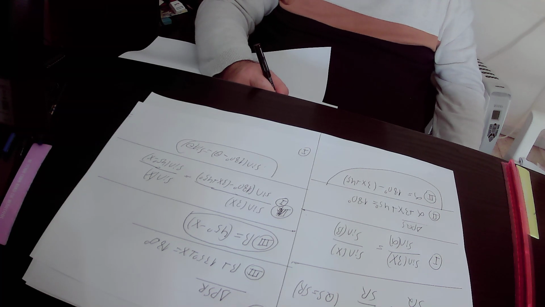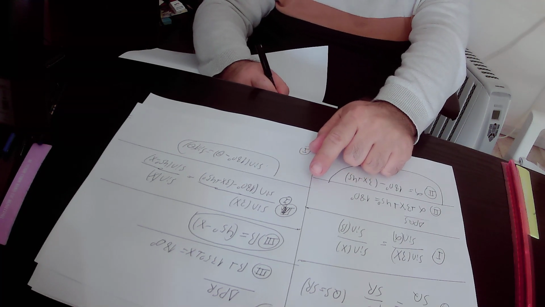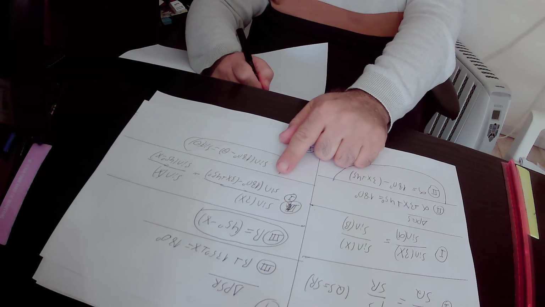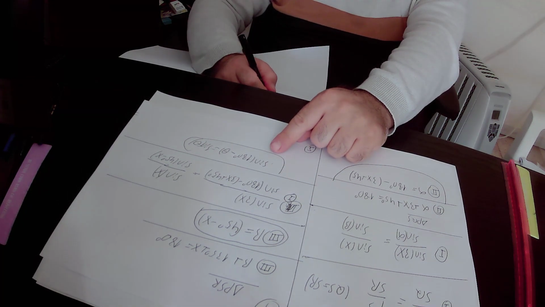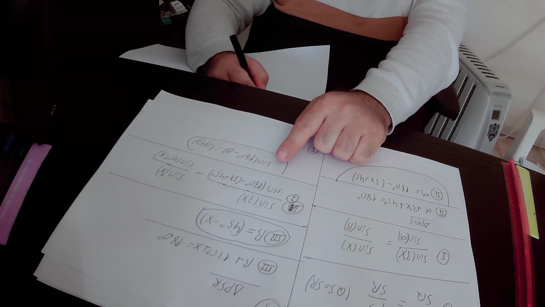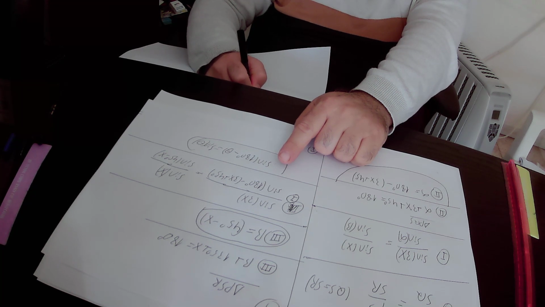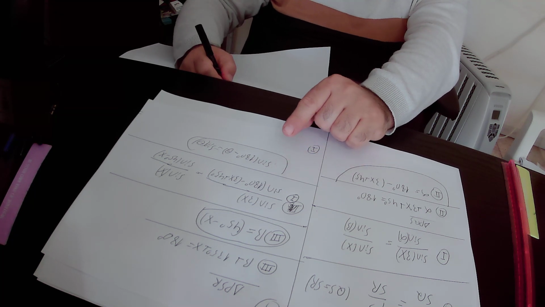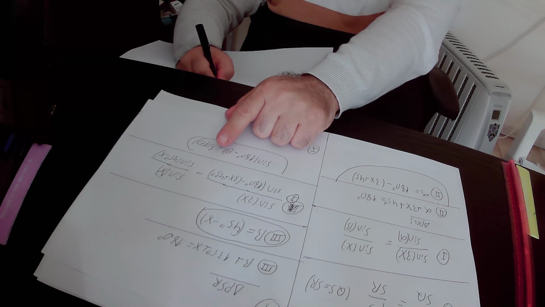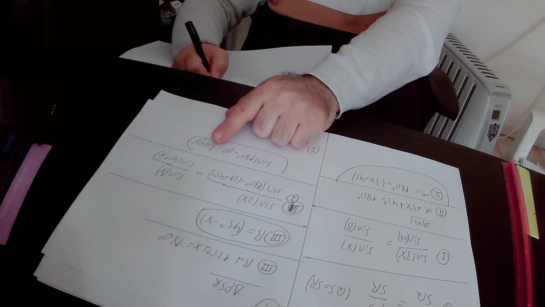According to equation number 1, we will get that sine 3x over, and this expression equals sine (3x plus 45 degrees), and on the other side of equation number 1 we have sine x over sine (45 degrees minus x).